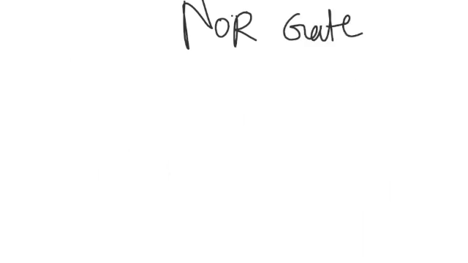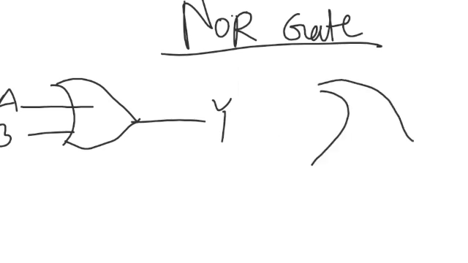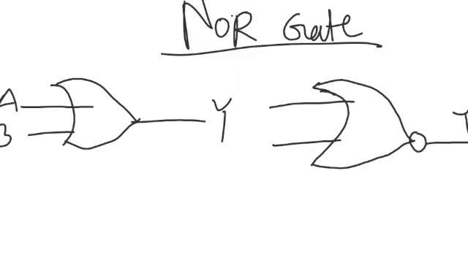Then the NOR gate is also slightly different from the OR gate. The OR gate looks like this. And this is how the NOR gate looks like. It's exactly the same as the OR gate, the only difference is there is a bubble, the inverter. Y, A, and B.